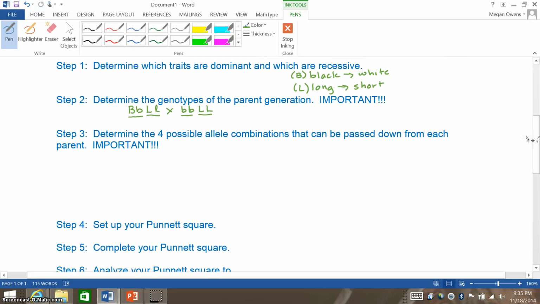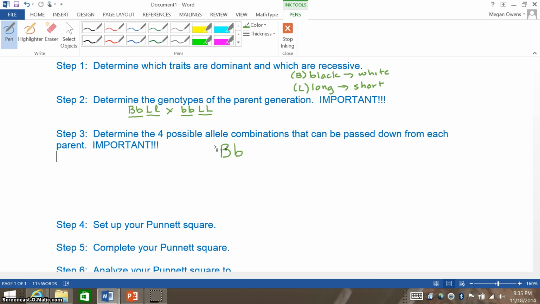Step 3 is also a very, very important step. It's determining what possible allele combinations can be passed down from each parent. I start by writing down the genotypes that I figured out in step 2.